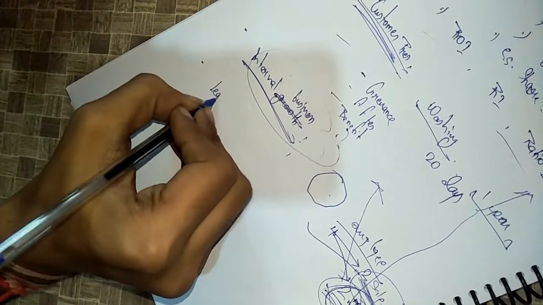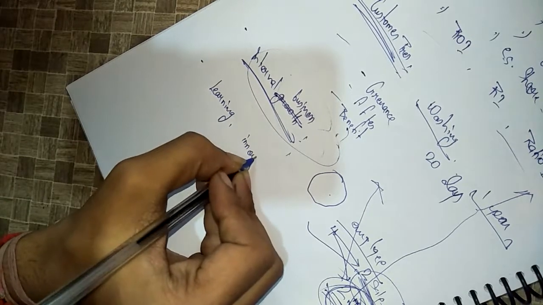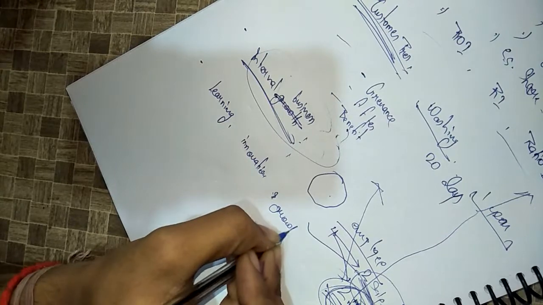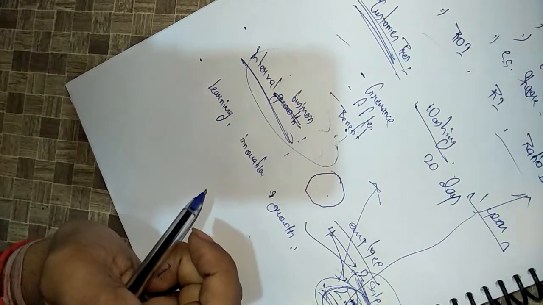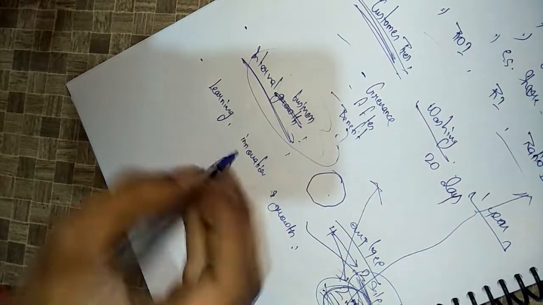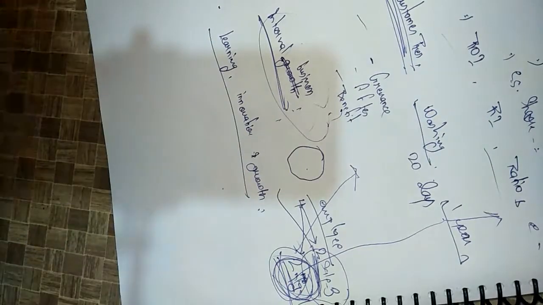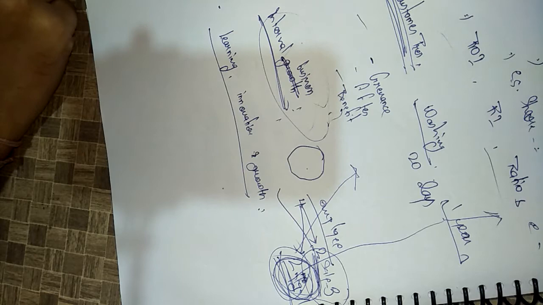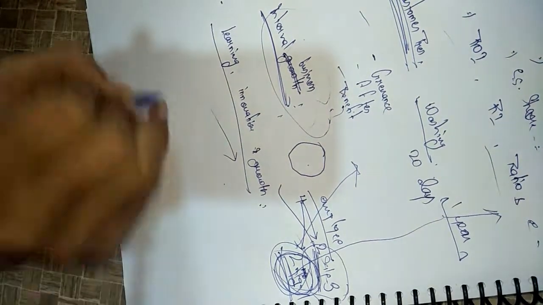The fourth is learning, innovation and growth. What learning, innovation and growth perspective basically says is that we should not move ahead by leaving the market behind. Okay, and we should not grow in such a way that the market has left us behind. We should move ahead with the market.